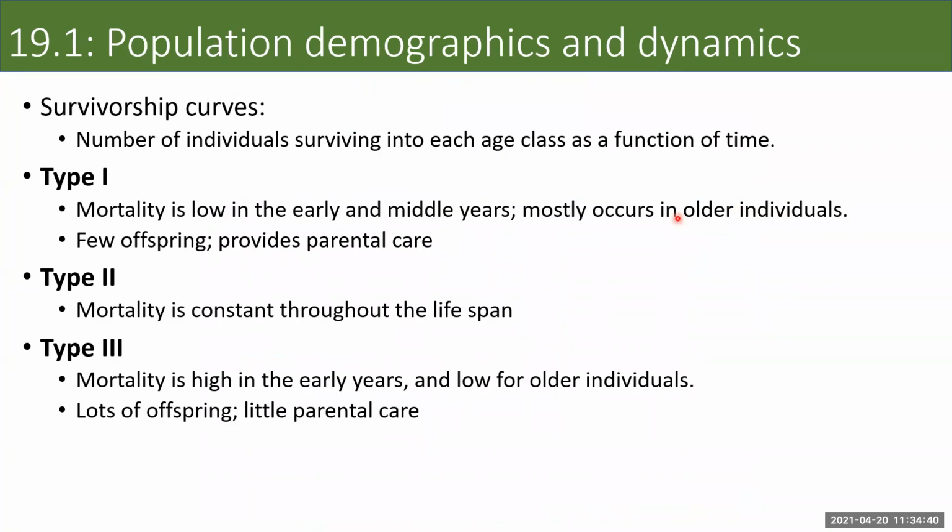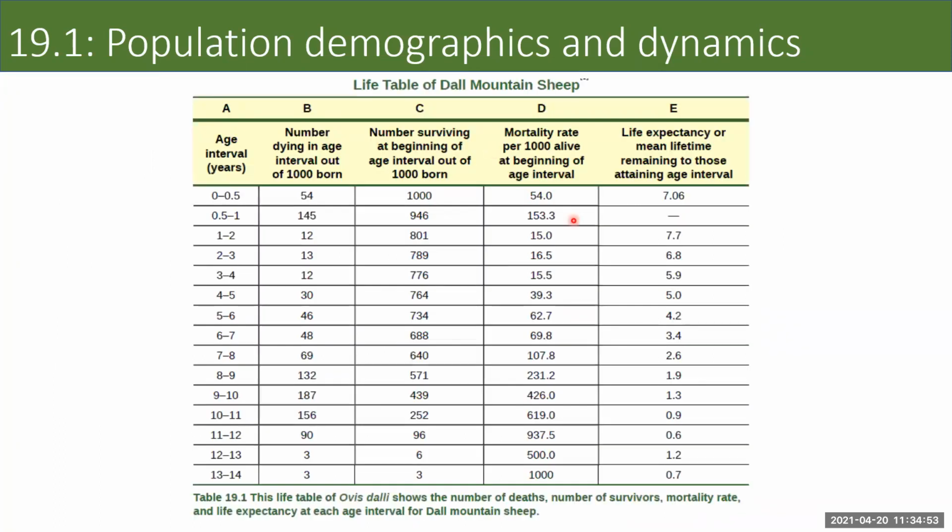Now we can take the information from each age class and turn it into a curve. So we can look at mortality rates across those age classes. For example, this Dall sheep has low mortality rates at a young age, right? You can see here, and then higher mortality rates at an older age.